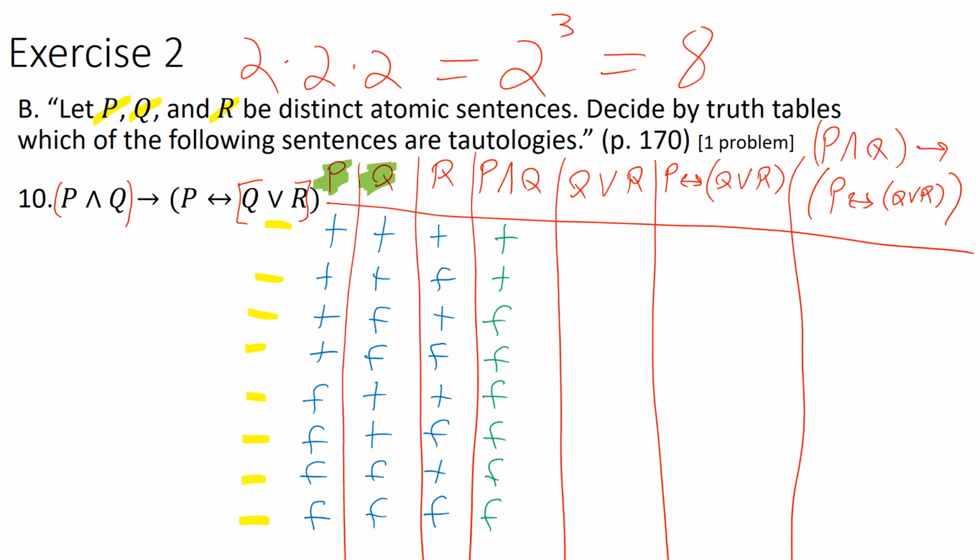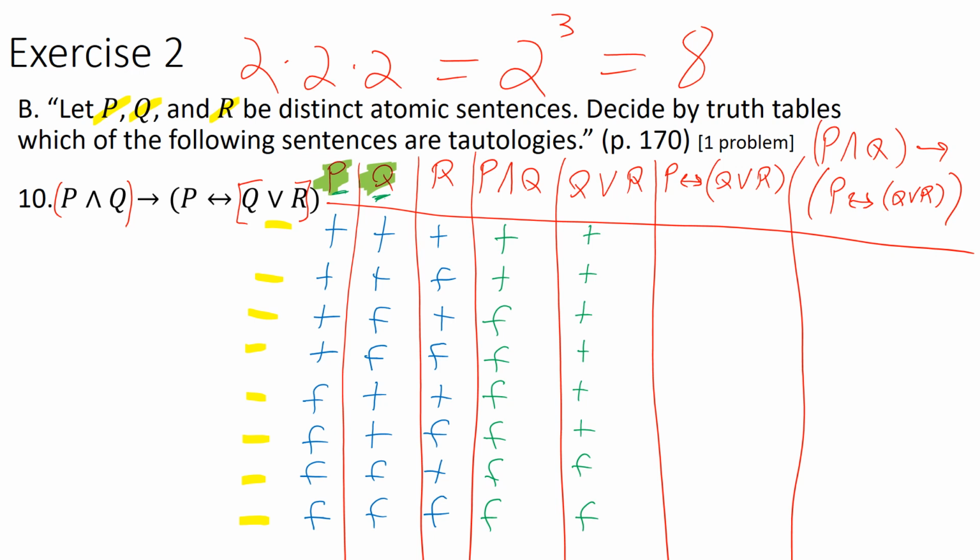And now we have a disjunction, and we're still using this column P, Q. So true or true is true, true or false is true, false or true is true, false or false is false. And now we can deal with this biconditional.